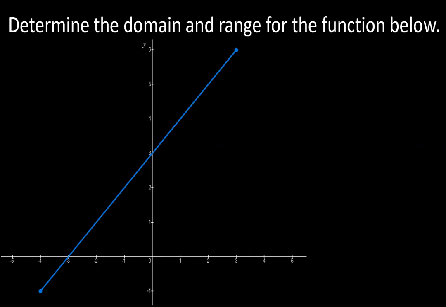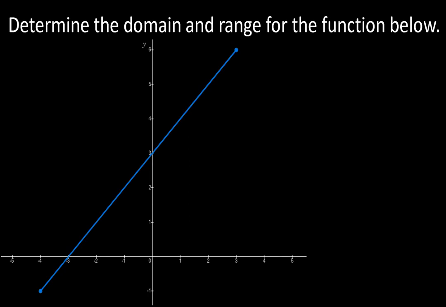If I want to describe the domain of this function, I need to describe all of the x values that this graph touches or crosses. So if I start on the left side of the graph of this function and trace it to the right side, let's see which x's are touched or crossed by this graph. To determine the domain, I need to focus my eyes on the left and right movement of the graph.